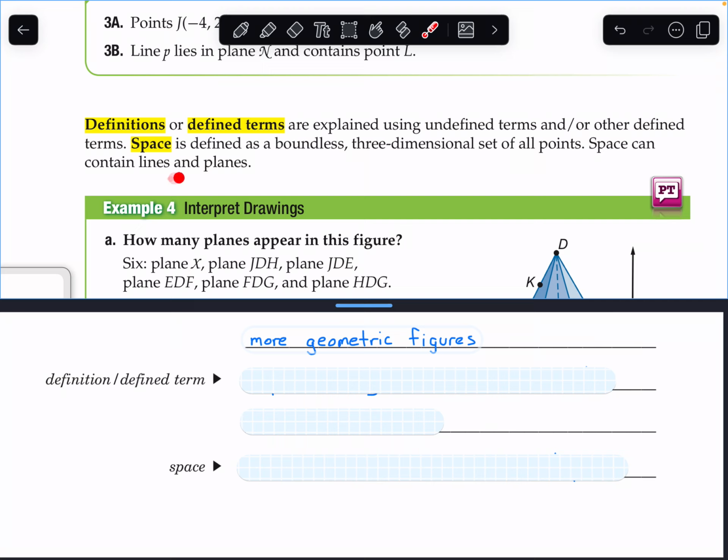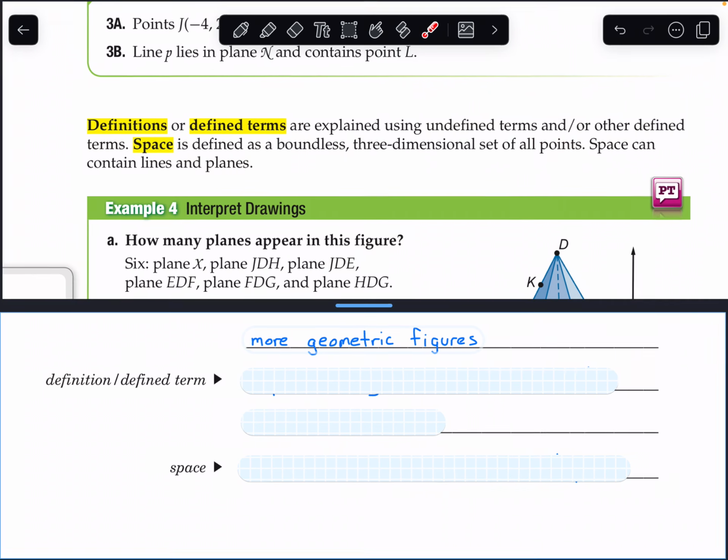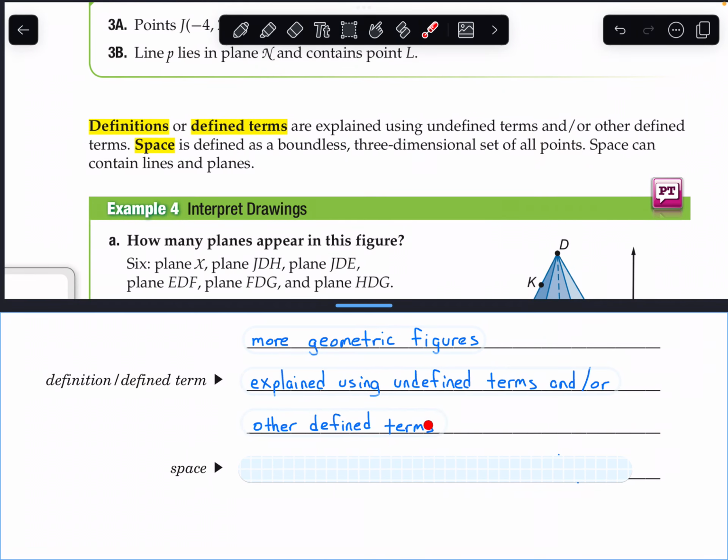Space can contain lines and planes. Space, then, being the 3-dimensional set of all points, is basically everything left over, at least as far as we are concerned in the real world in which we live. So here's my definitions: explained using undefined terms and or other defined terms, and space is a boundless three-dimensional set of all points.